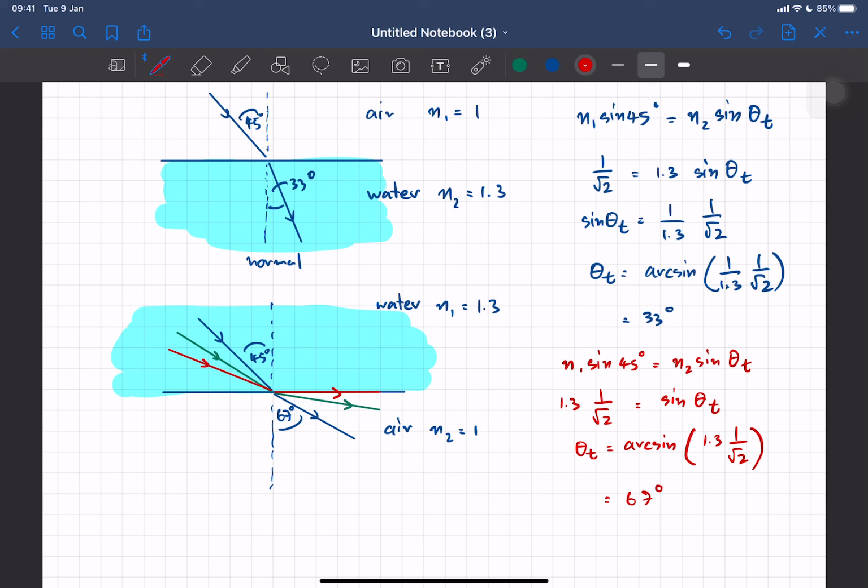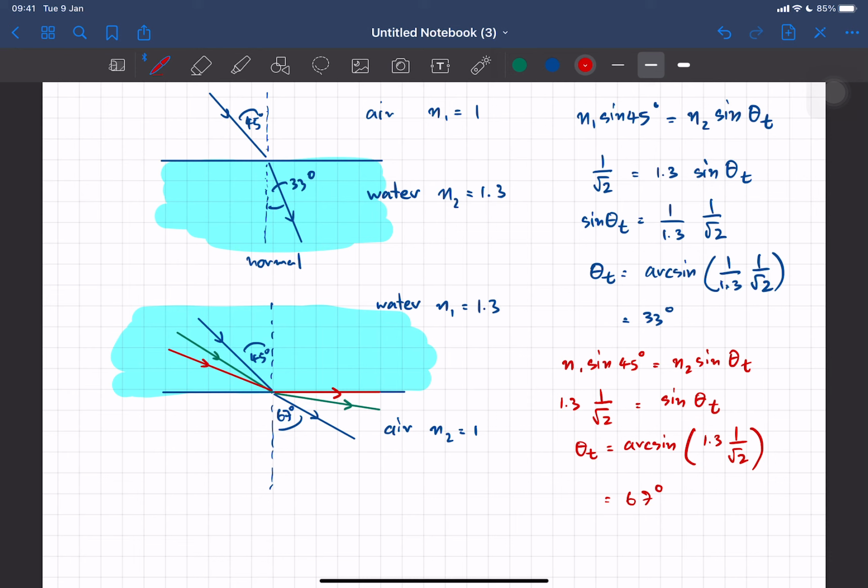So if you go along the interface, it has to go into water, go into air, go into water, and it just doesn't really happen in that case. So when the transmitted angle is 90 degrees, actually what happens is that you're not going to have any light coming out onto the other side.